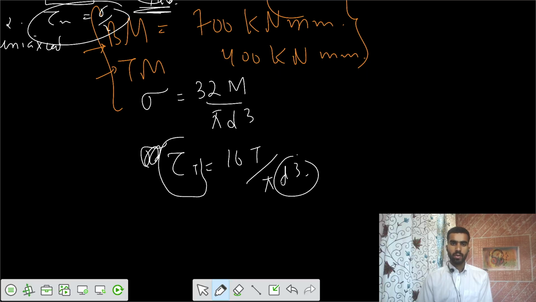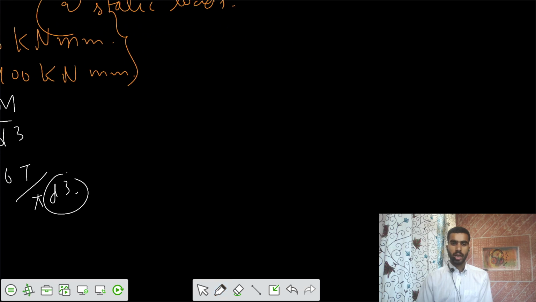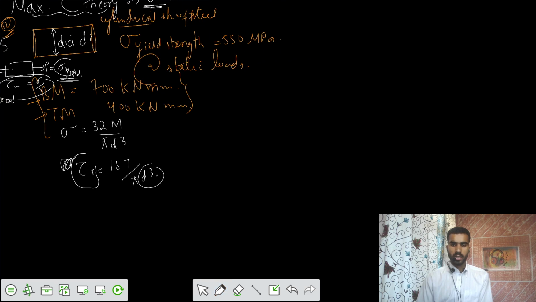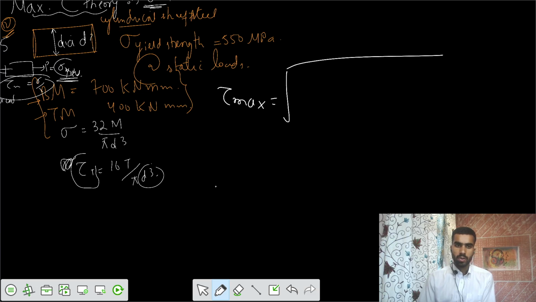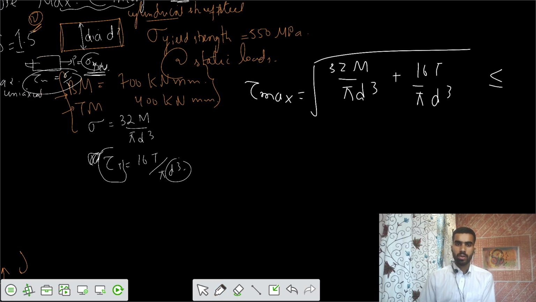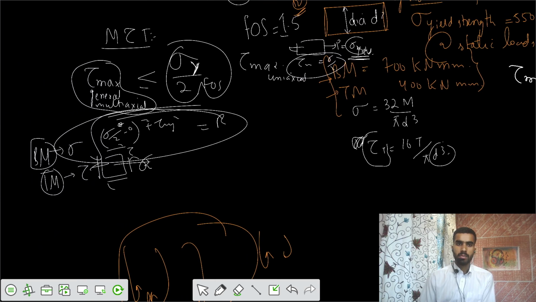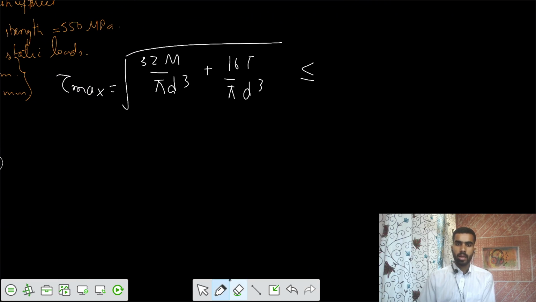If I use that equation now, I would say that tau max equals the square root of (32M by pi d cube) squared plus (16T by pi d cube) squared, and that should be less than or equal to sigma y by 2 into factor of safety.